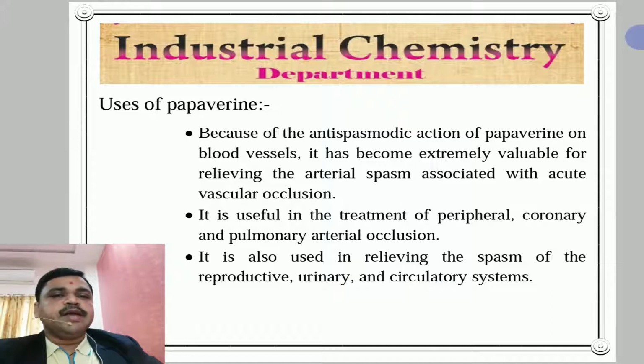It is a very important point. It is also used in relieving the spasm of the reproductive, urinary and circulatory systems. This is the very important medicinal application of papaverine.